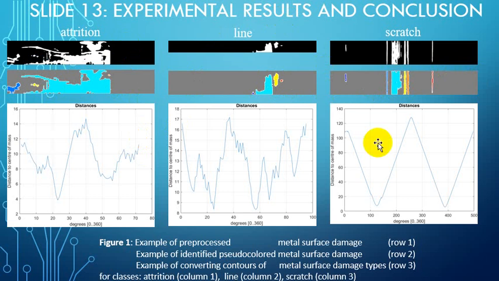Rows number 2 and 3 are examples of converting contours of metal surface damage types for the appropriate classes: attrition, line, and scratch.